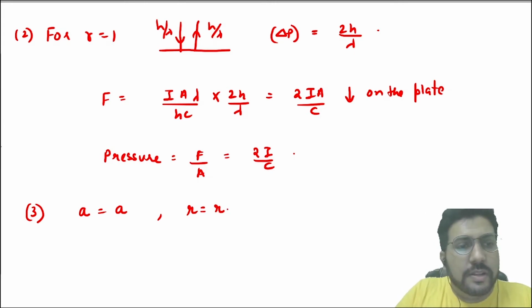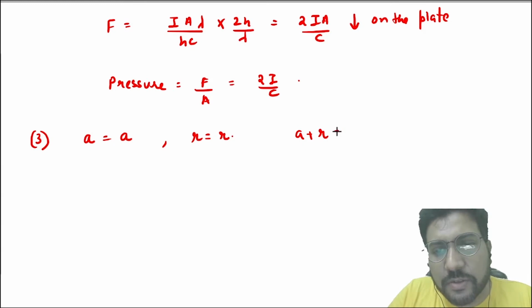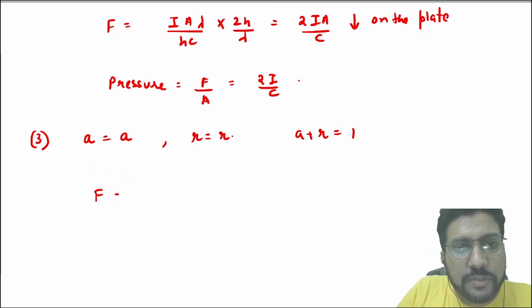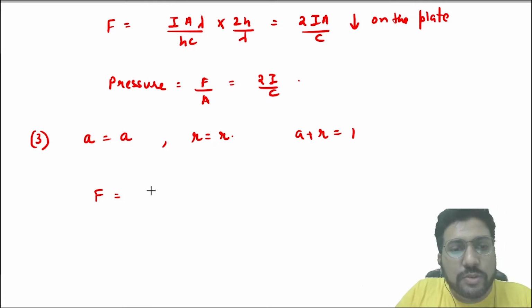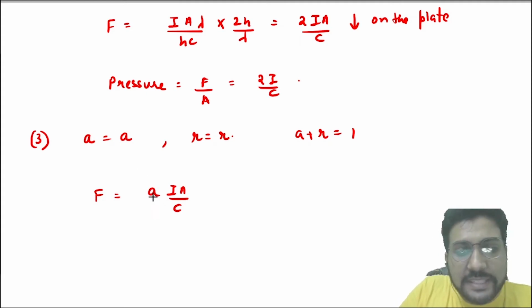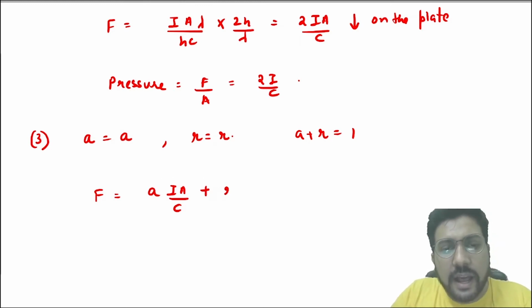And the third case is when there is some absorptive coefficient and there is some reflective coefficient also. The absorptive coefficient and the reflective coefficient together will sum as 1. So I will write the force as: due to absorption, the force will be Ia by c, and only the A fraction, A is less than 1, plus R multiplied by 2Ia by c.